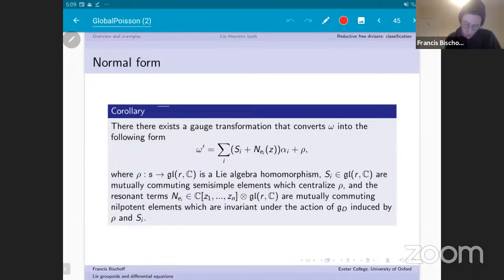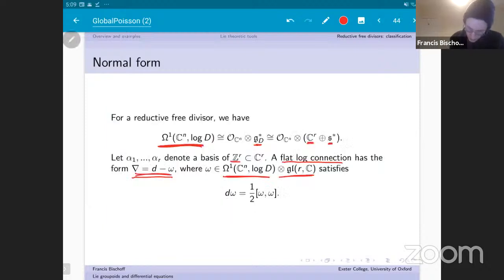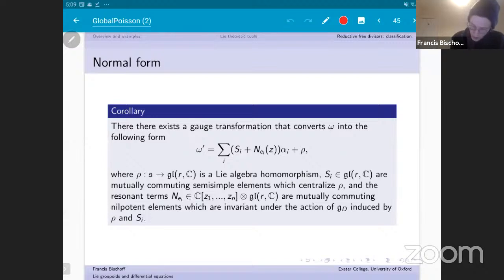Then the normal form in this case is the following. It says that given any connection like this, we can find a holomorphic gauge transformation which converts it into the following form, omega prime, where this part and this part is the linear approximation part.